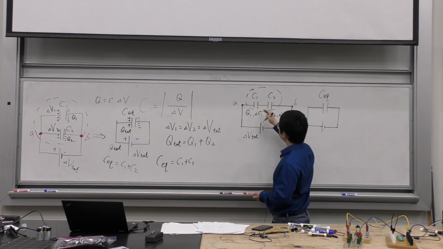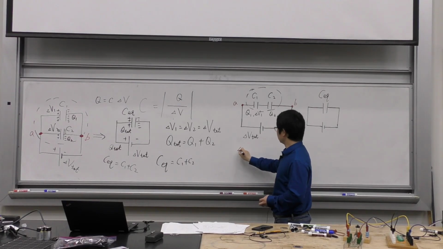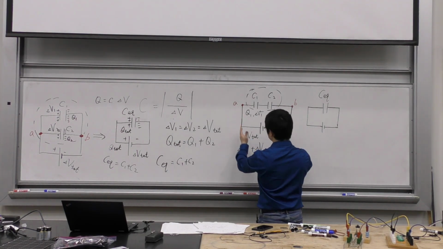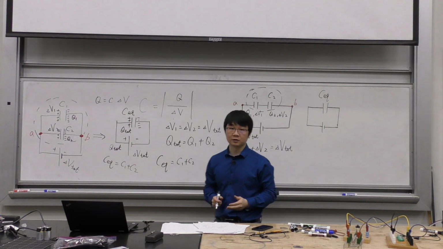But each of them is going to only get part of that, because this one is only connected to A, not to B. C2 is connected to B, right? So each of them only gets part of the voltage, but the total voltage between A and B should be equal to the total voltage from the battery.